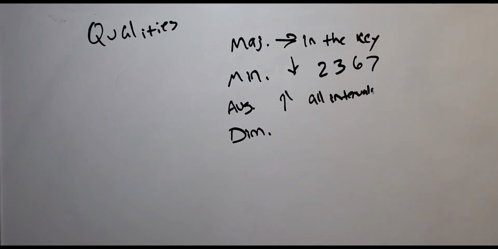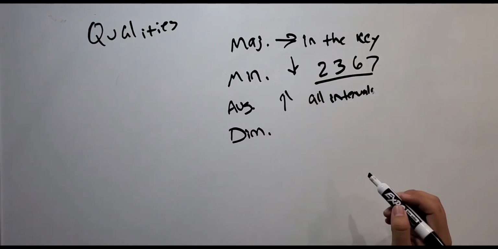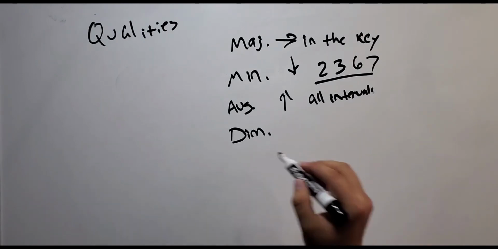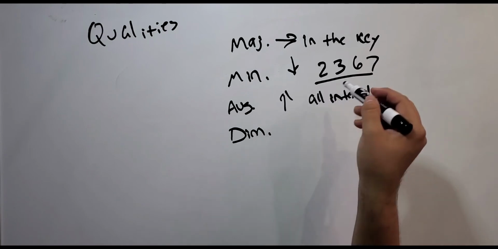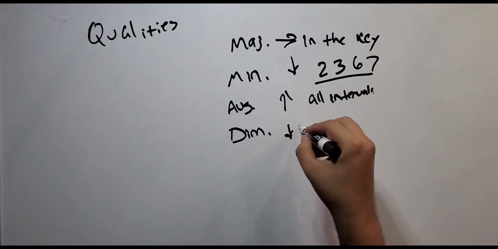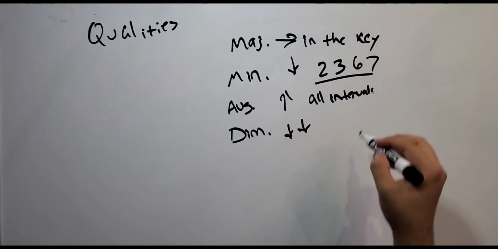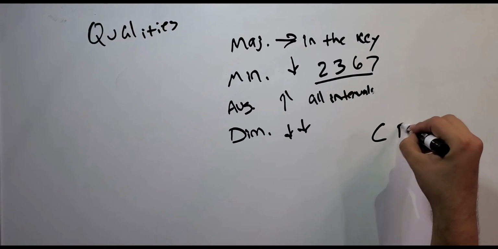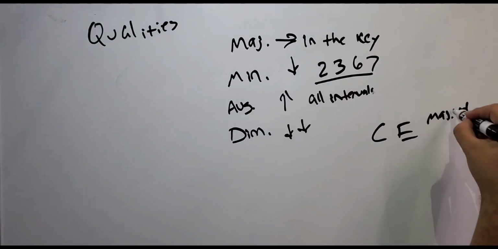Diminished is where it gets different for the major intervals and the perfects. Okay? Diminished. If the majors were going to go diminished, you would have to lower them 2 half steps. Let me explain. So from C to E, using the same intervals, is our major third, right?